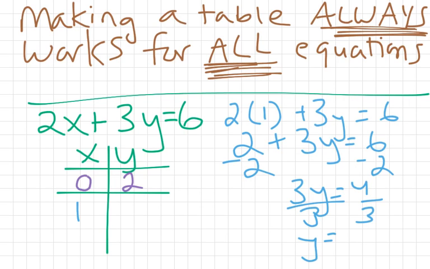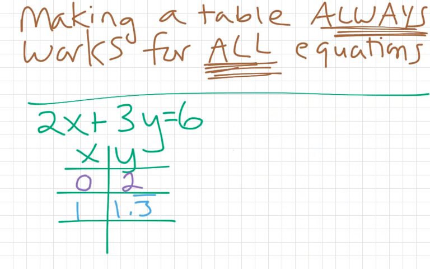That's kind of hard to graph, so I am going to put this in decimal form, so 1.3 repeating. I can estimate where that is. My 3 is kind of bad there. Let's see if I can do my 3 a little bit better. 1.3 repeating.